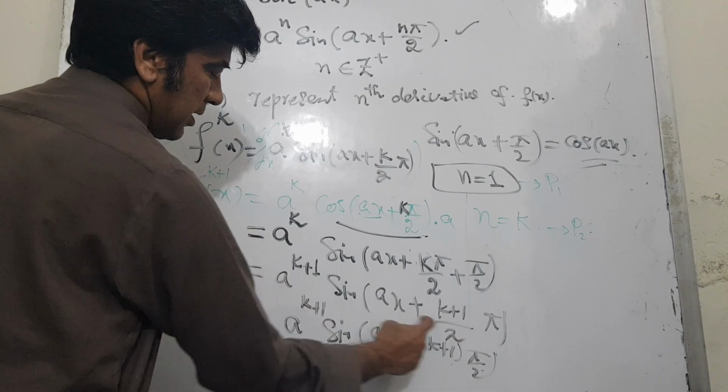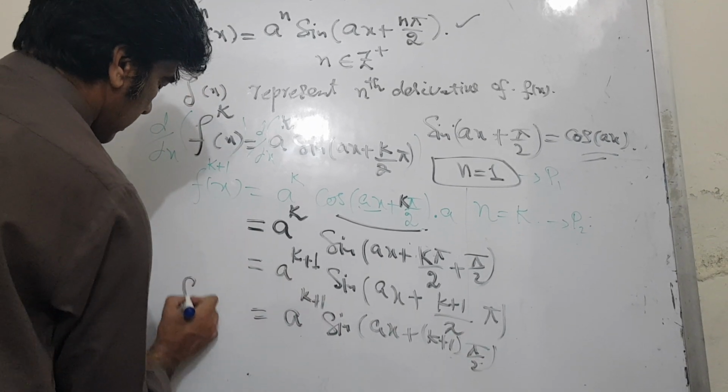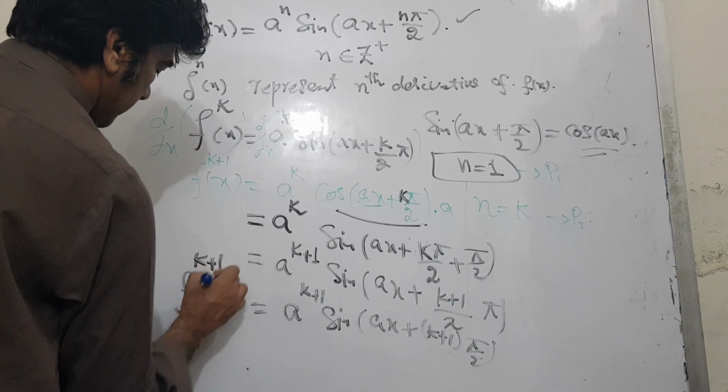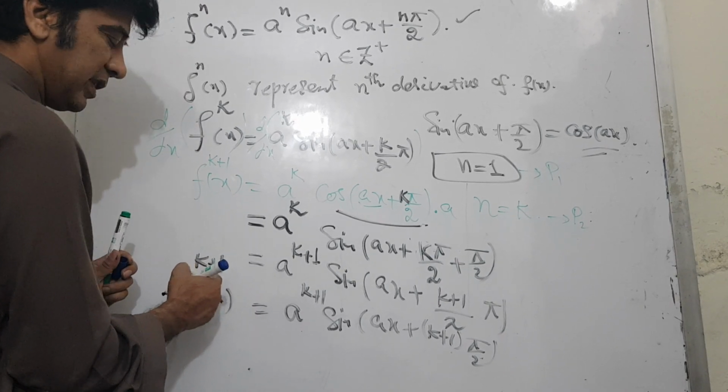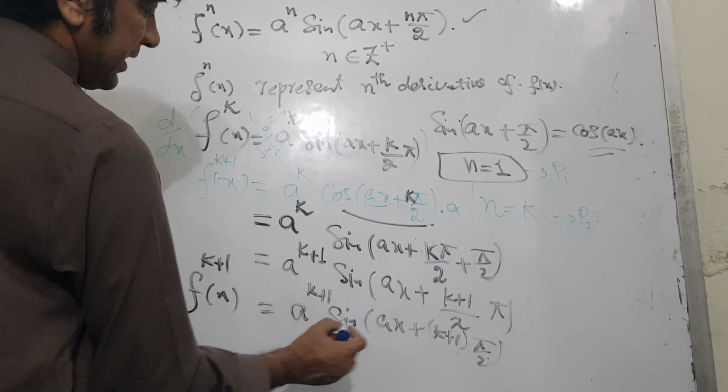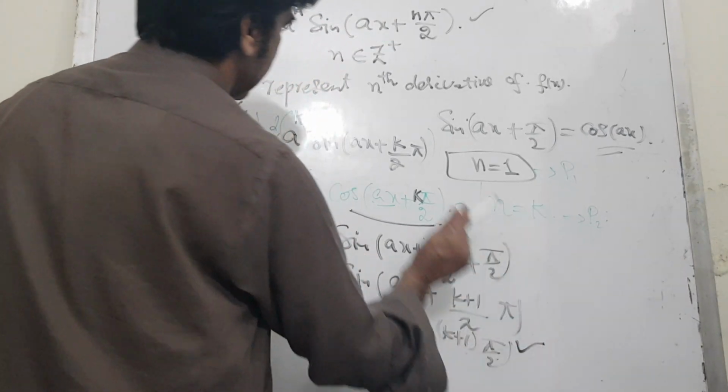So you see, this is f^(k+1), meaning this is the (k+1)th derivative of this, and this is exactly the same.